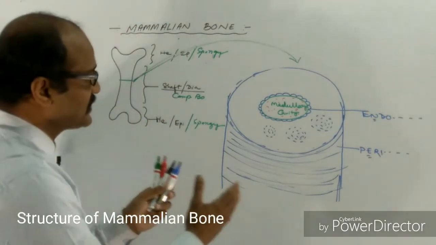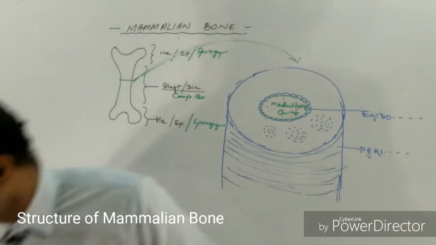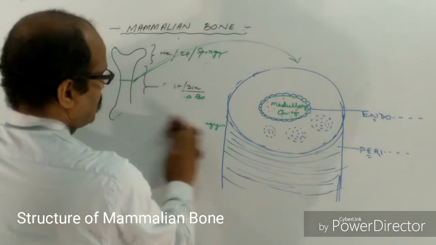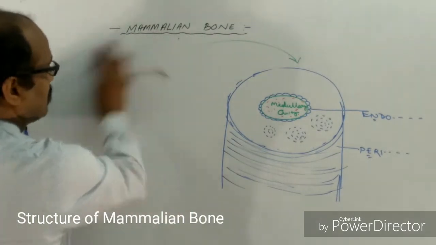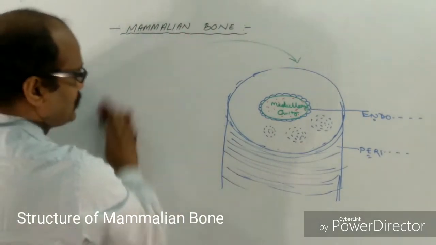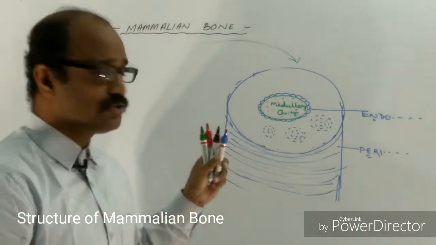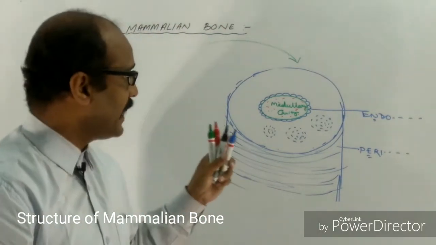If you take the section, then we clearly understand how these Volkmann's canals and how these osteocyte cells are arranged here.